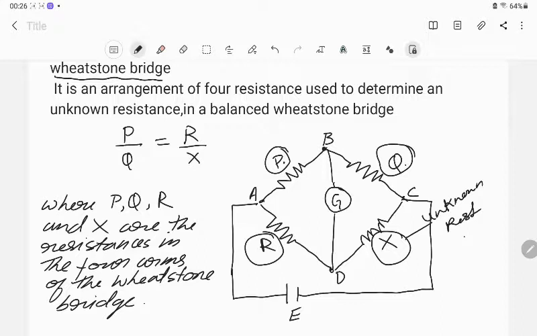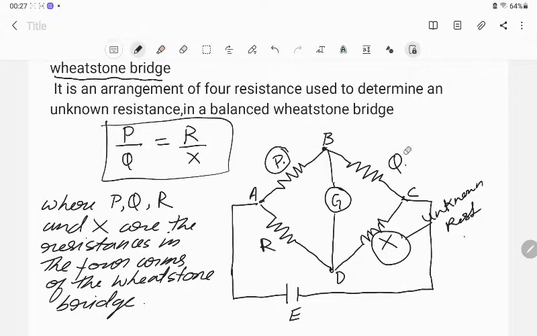So when the bridge is balanced, we get this equation: P by Q equal to R by X. Here P and Q are known resistances. That means we know the value of P and Q, and R is also a known resistance.